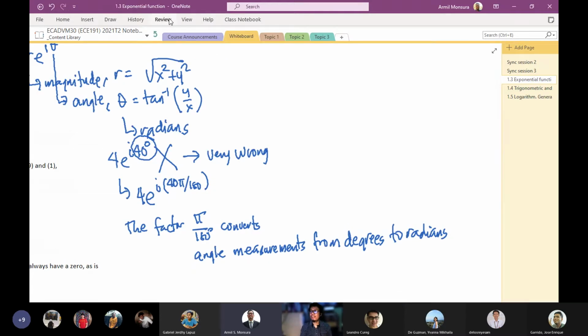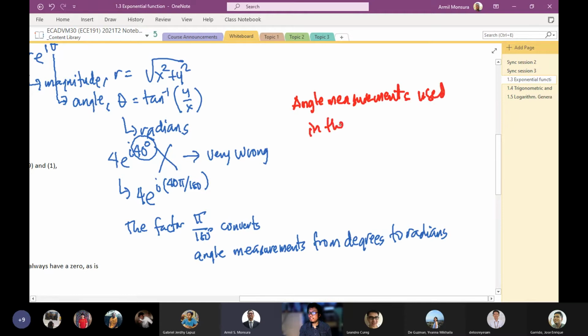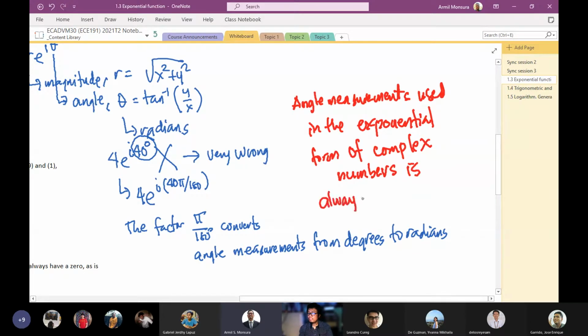So, let us write it here. Angle measurements used in the exponential form of complex numbers is always in radians.